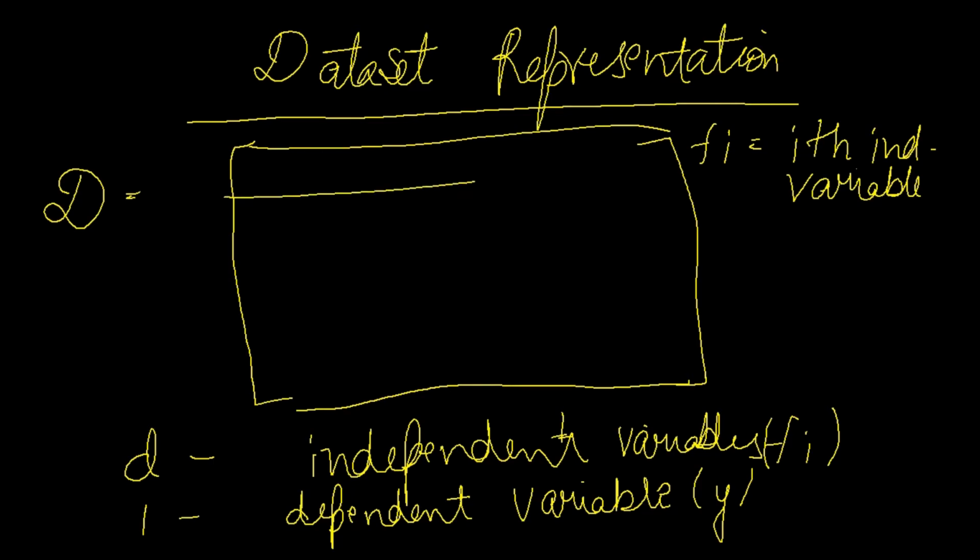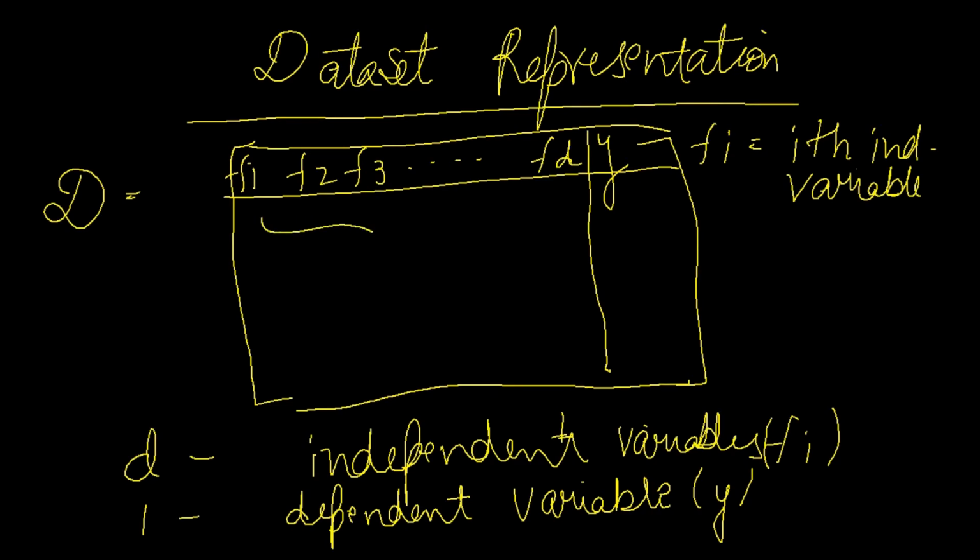Let us consider this one column as the dependent variable, and the other columns f1, f2, f3 up to fd as the d independent variables.